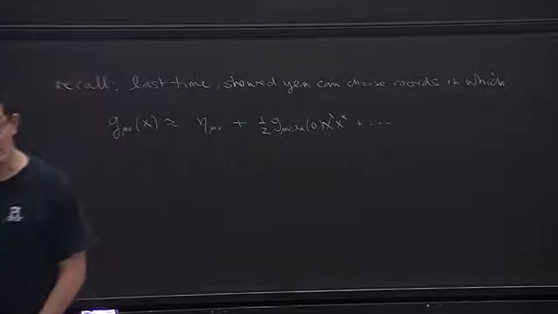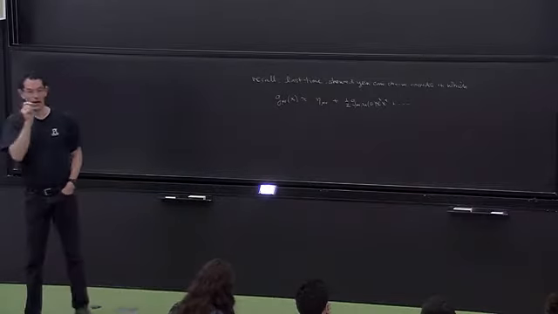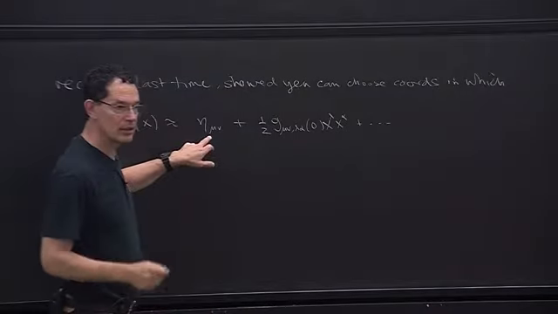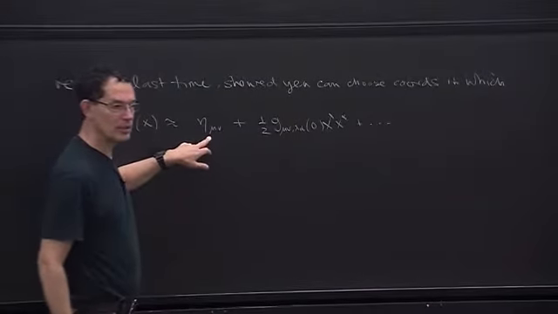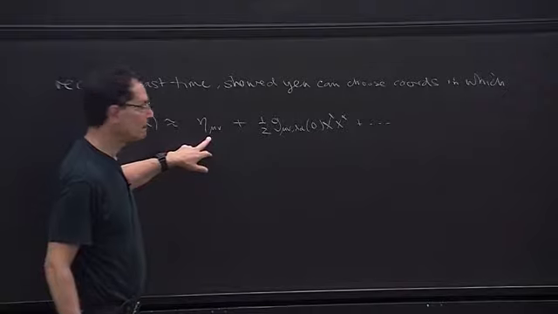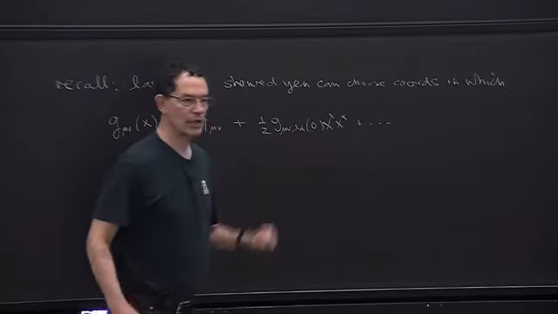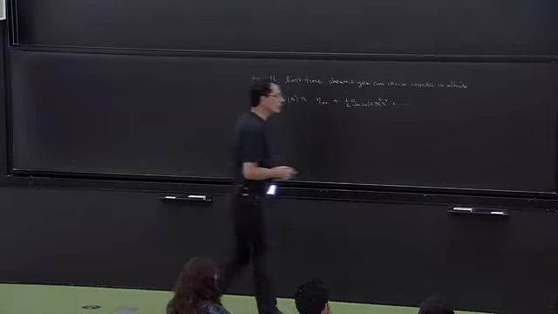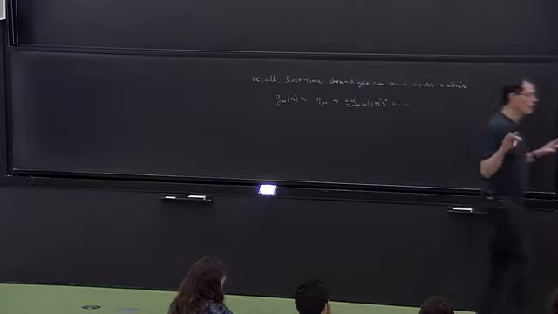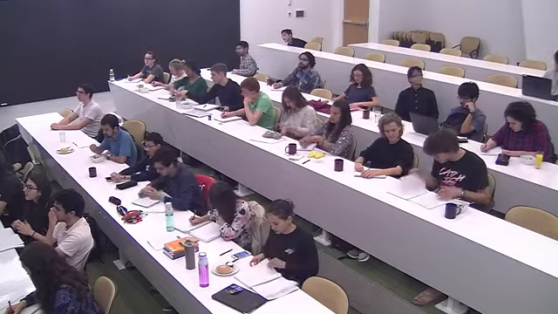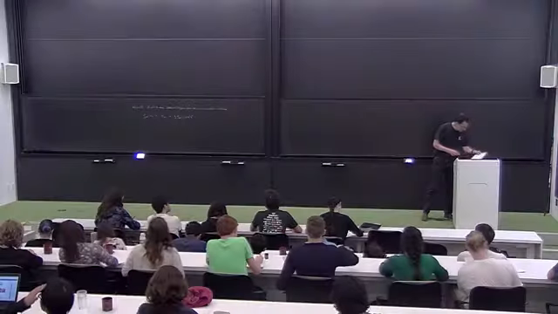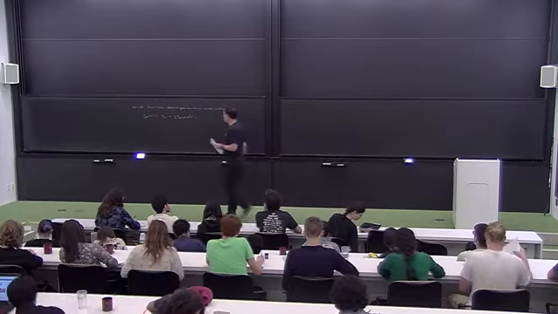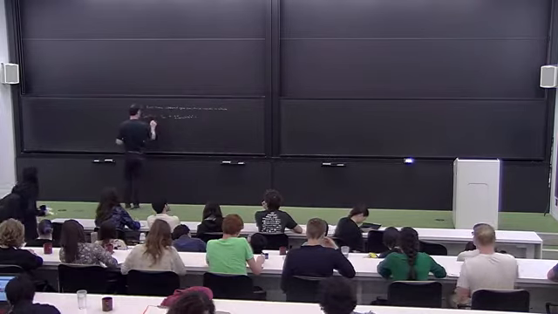We showed last time that you can always choose coordinates such that at a given point, the metric is just the Minkowski metric up to second order in X corrections. So space-time can be thought of as being locally flat. This is what we mean by locally flat.